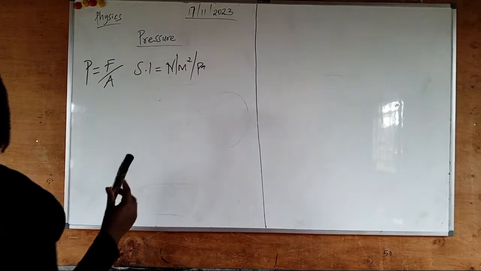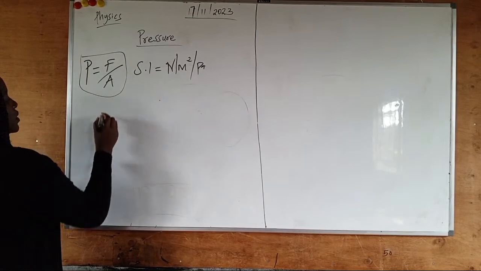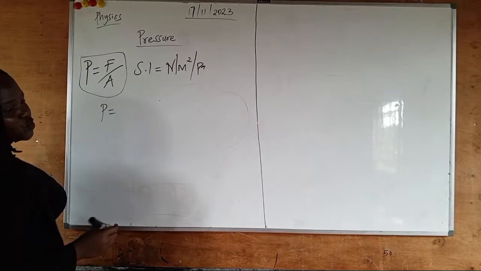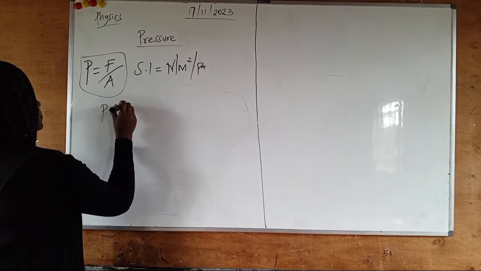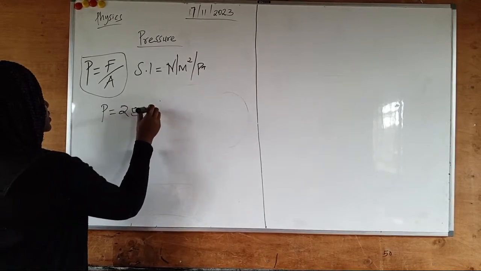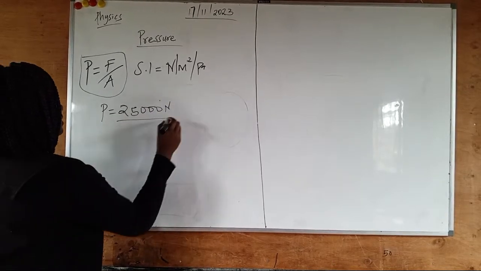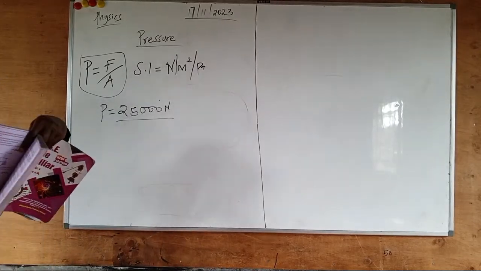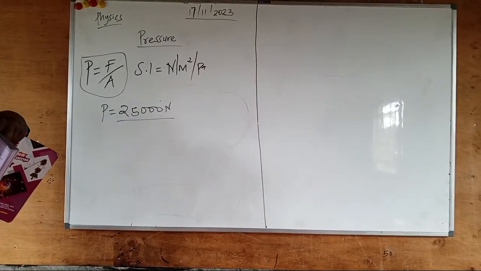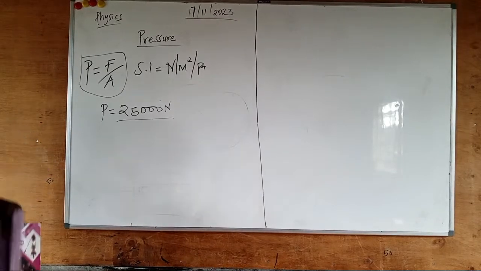So this is the answer. With this formula, we don't know the pressure. What is our force? We have 25,000 newtons. What about our area? We are told the area of contact of each of the four tires with the ground is 0.025.